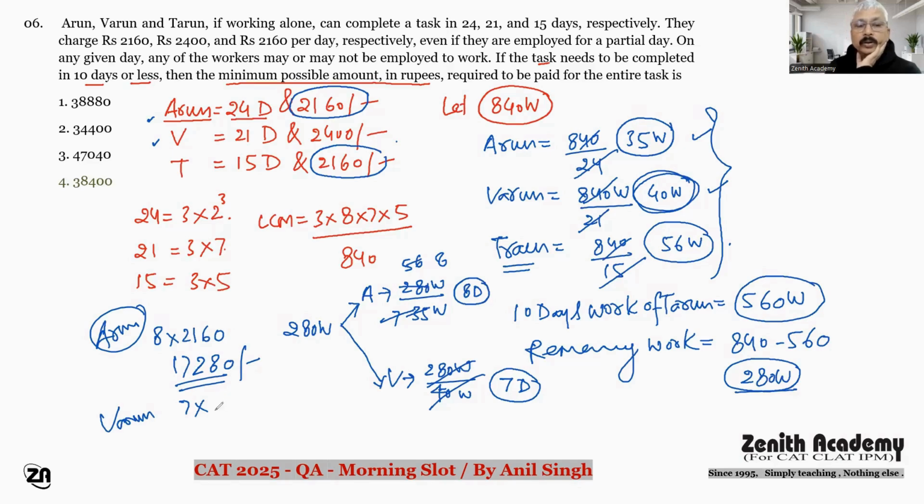So 7 into 2160, 7 6 are 42, and 7 plus 4, 11, 7 2 are 14, 15.